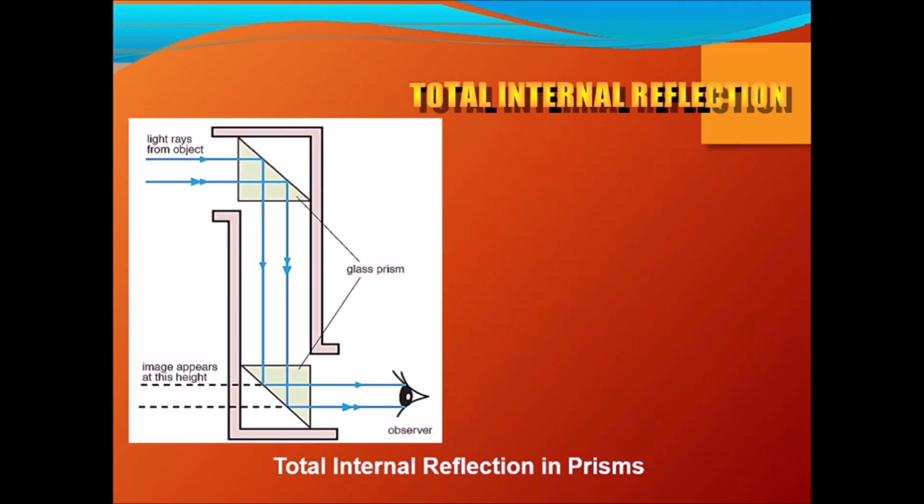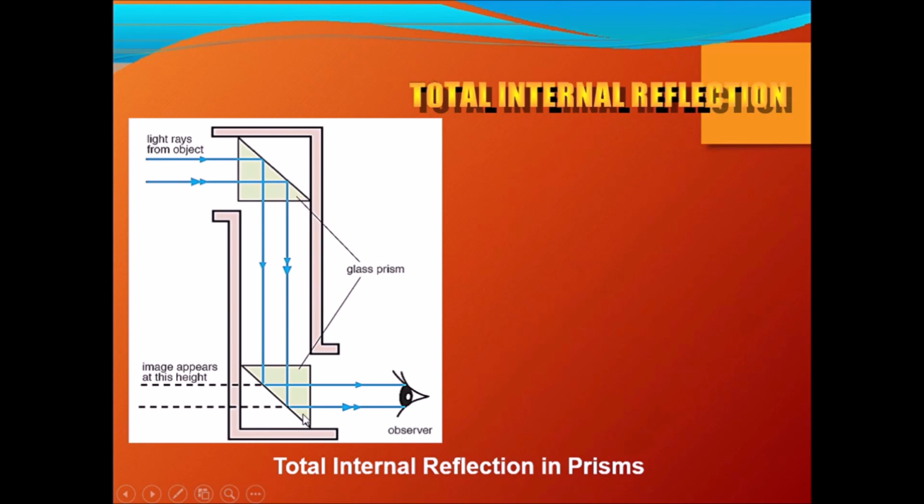Look at this here. We have a periscope. In a periscope, usually we use mirrors, but when you use mirrors you do not get the clarity which you get here. Why?